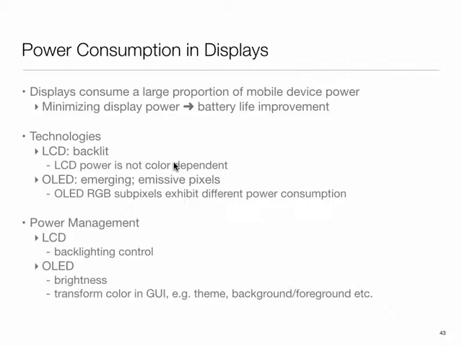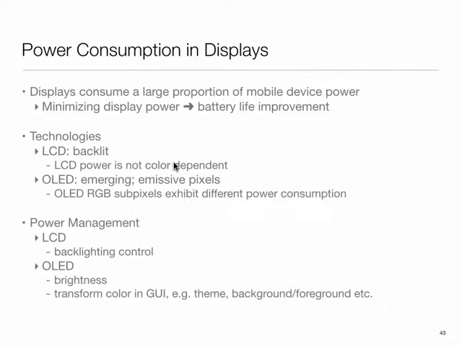So what we know about LCD is the following, right? Essentially I have a backlight. Each pixel, I have an R pixel, a G pixel, and a B pixel. And those pixels differ only in the sense that they have a little filter in front of them, which lets red light through or green light through or blue light through. Okay, but other than that, all pixels are basically the same.